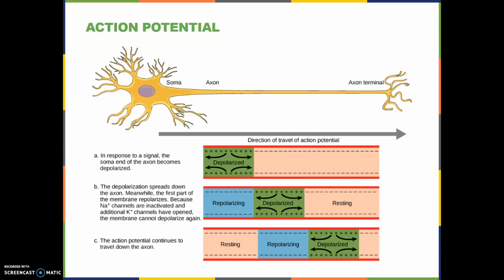An action potential or a nerve impulse is an electrical impulse that travels from this point, or somewhere around here anyway, where the axon begins, which is called the axon hillock, just where the axon begins.